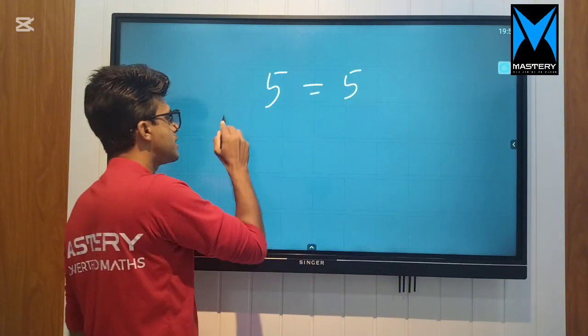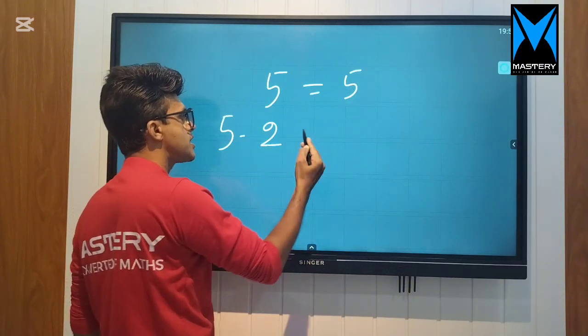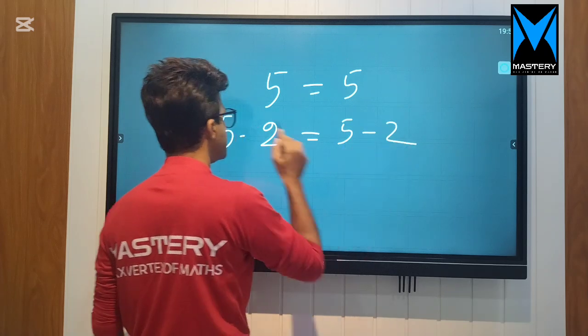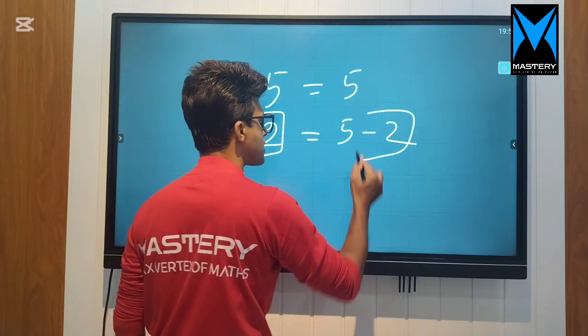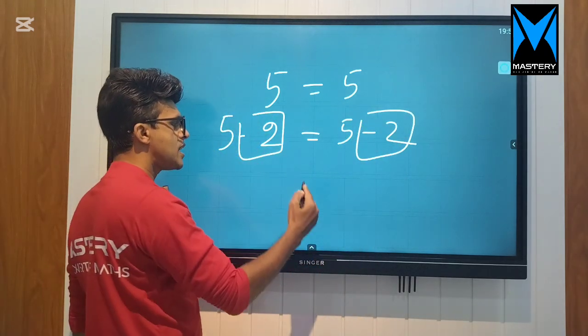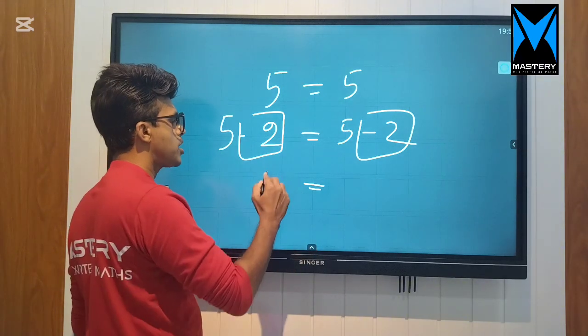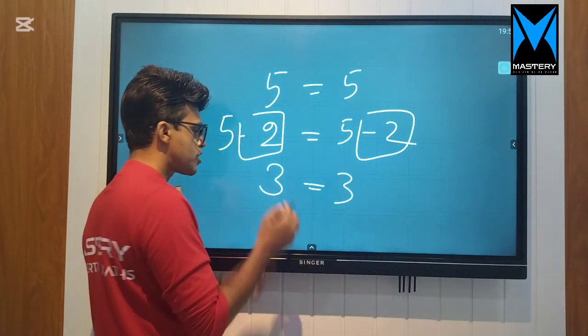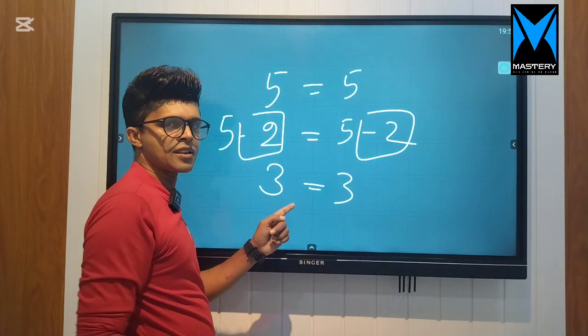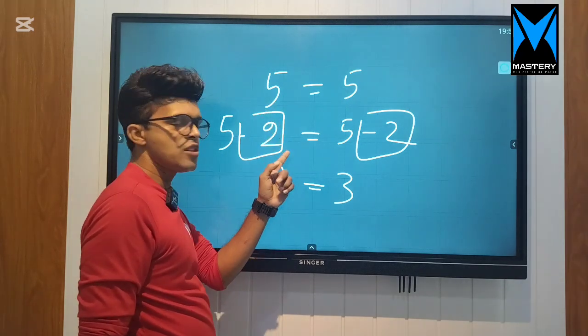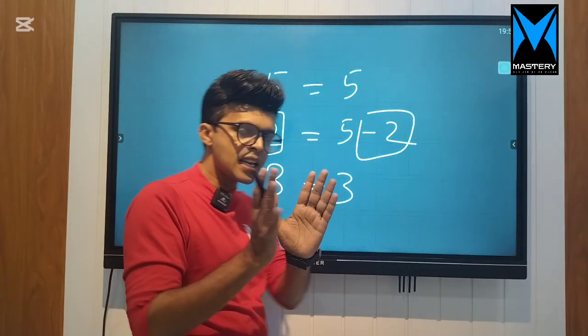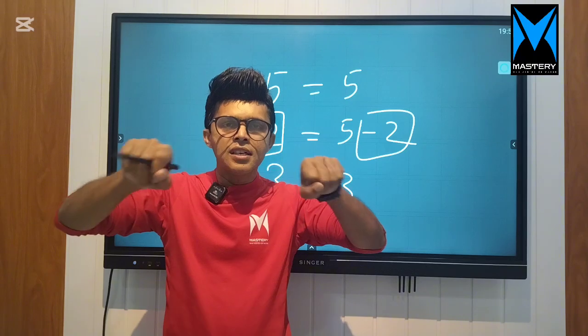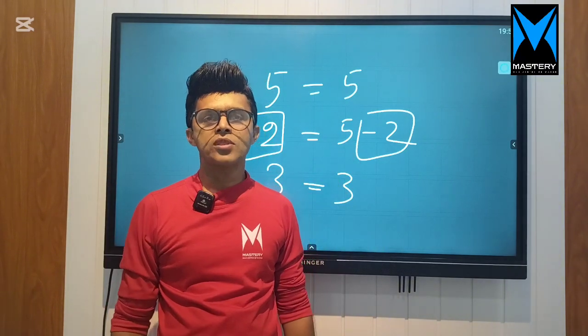What I am doing here is subtracting the same digit from both sides. Here 2, here 2. So the answers we are getting are equal. 5 minus 2 is 3. The answers are equal, but this 3 is not equal to 5. Eventually the resulting answers are equal when you subtract the same digit from both sides.